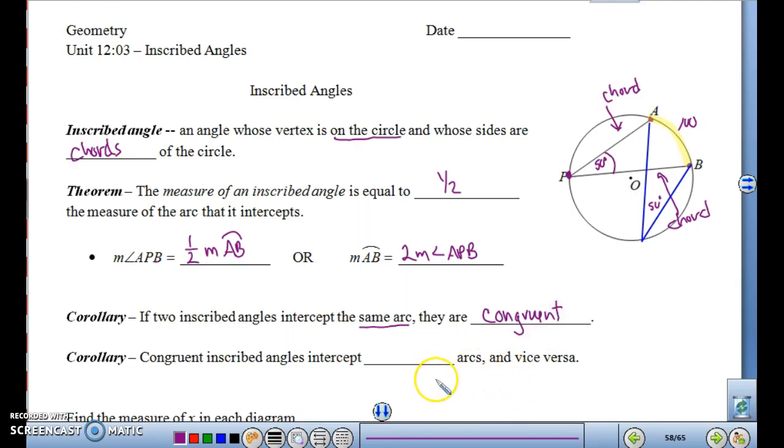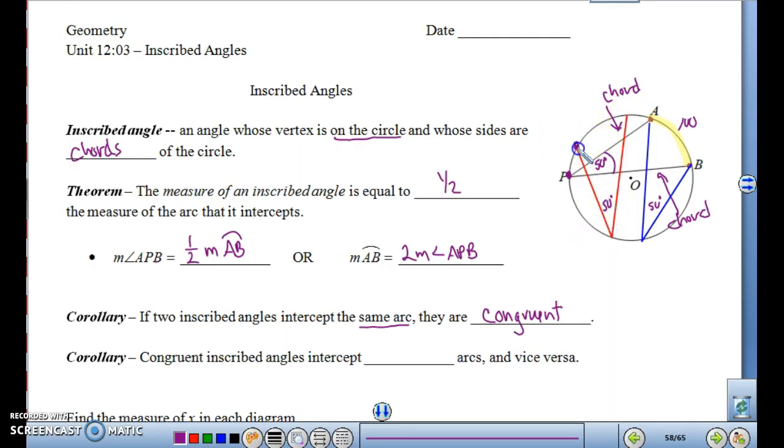All right, now, what if I had another angle on there? Let me do it a different color this time. Let's say I had another angle on there that doesn't intercept arc AB, but it has a measure of 50. All right, so let's say that's this angle right here, and say that this angle was 50.